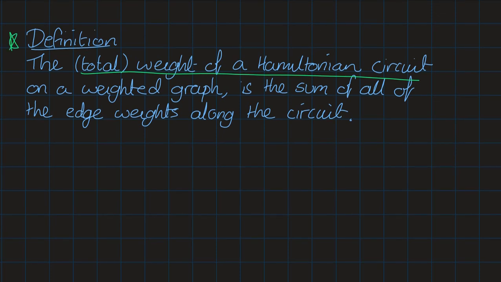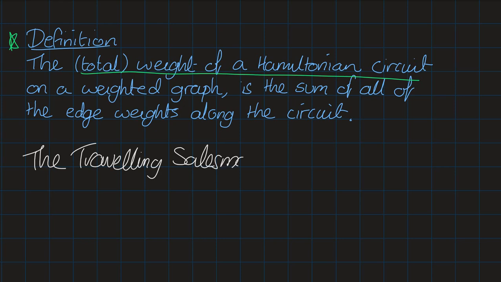Okay, so what is the travelling salesman problem? I will tell you that now. The idea is you think about a graph as representing like a map of the local area.